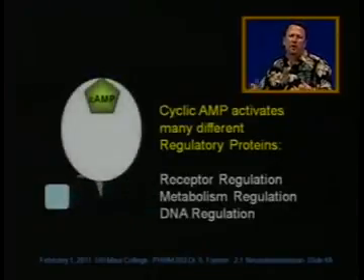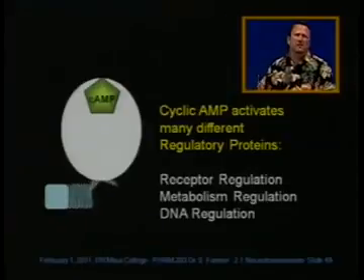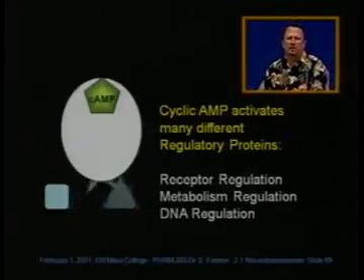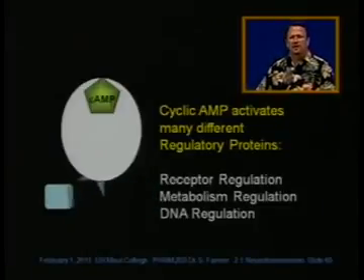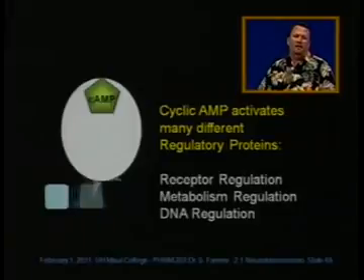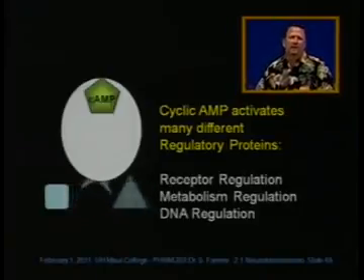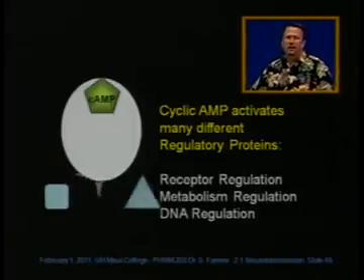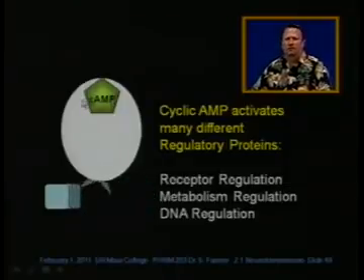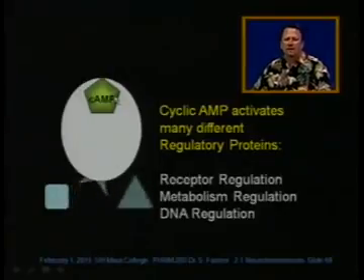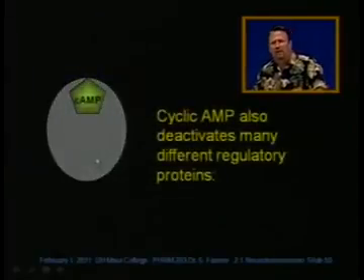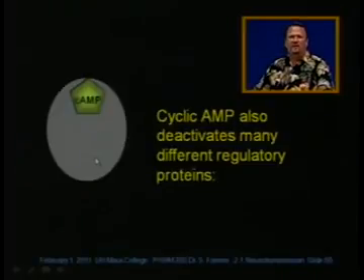The cyclic AMP can go inside of the cell and activate all sorts of different regulatory proteins. And that can lead to receptor regulation, metabolic regulation, DNA regulation. The limits are endless and limited only to your imagination. Cyclic AMP does all sorts of things with all sorts of regulatory proteins. And not only does cyclic AMP activate many of those proteins, cyclic AMP will come along and deactivate all sorts of other regulatory proteins as well.